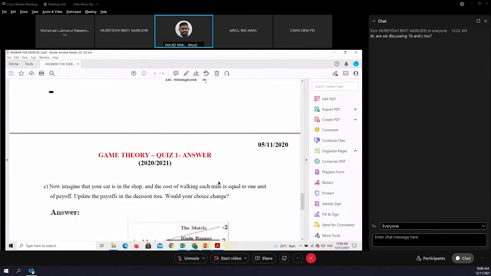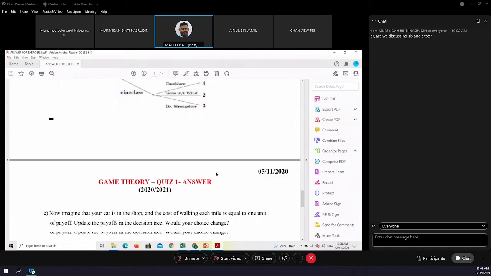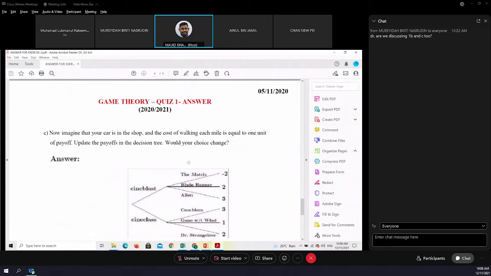If the payoff is 1, the cost of walking to the Sign Blast will take 3 miles. Correct or not? So 1 minus 3 is equal to -2. Understand or not, Mushida? Yes, doctor. Okay, good.